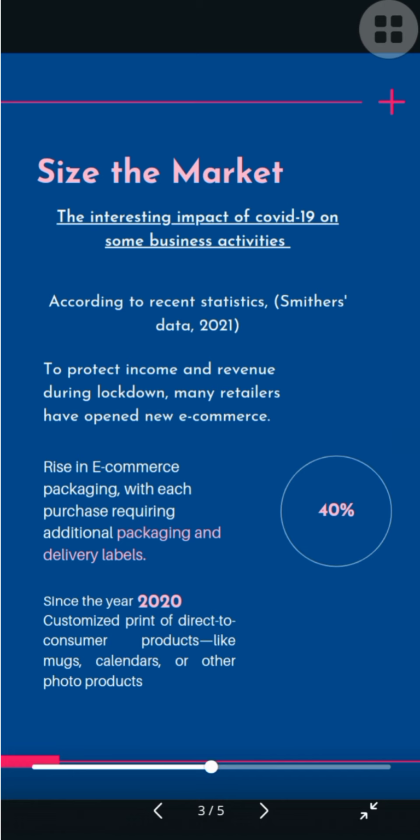We have new online stores, whether they have their websites or run e-commerce on their social media platforms. There is a 40% rise in e-commerce packaging, with each purchase requiring additional packaging and delivery labels. What does this mean?